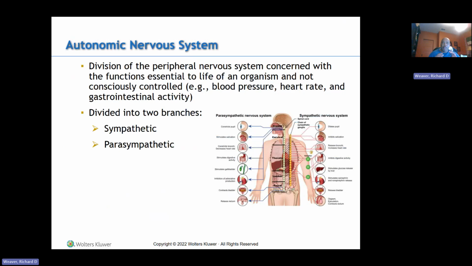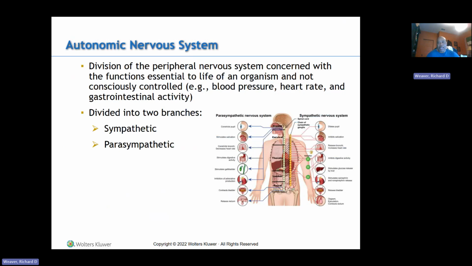The reason why the pupils are more dilated on the sympathetic side is because if that person is going to do that fight or flight, you have to be able to see, right? So those pupils open wide, so you can see where you're going and go where you're looking and so forth.